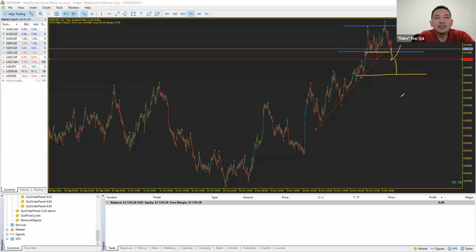Is it making sense? Yes, that does make sense. So another way of looking at KPIs, okay, is to look at support and resistance and say, where's your next one? Not the current one. This right now is the current support.